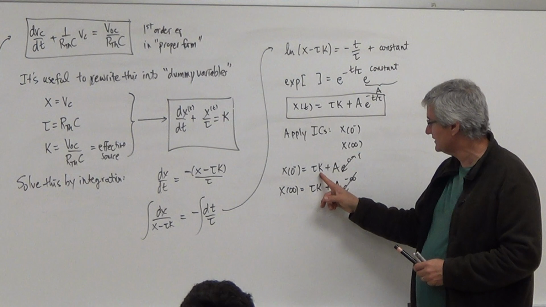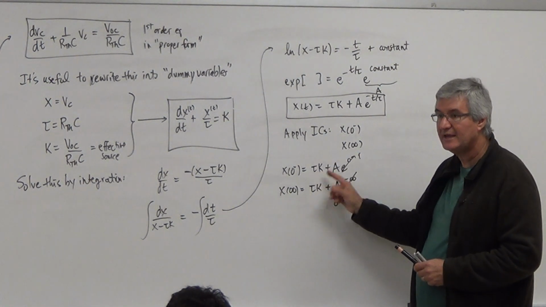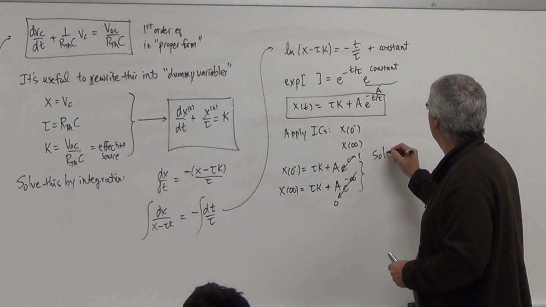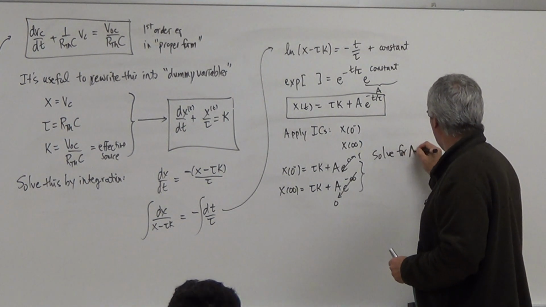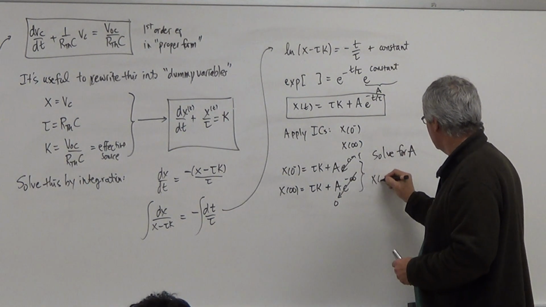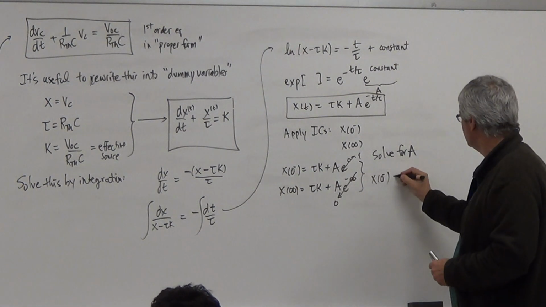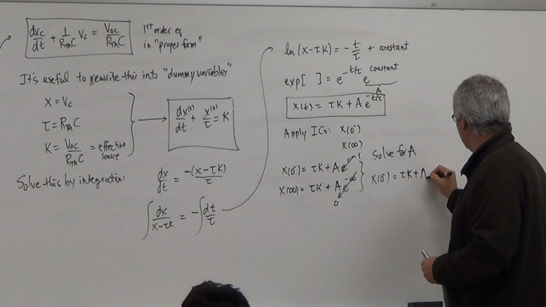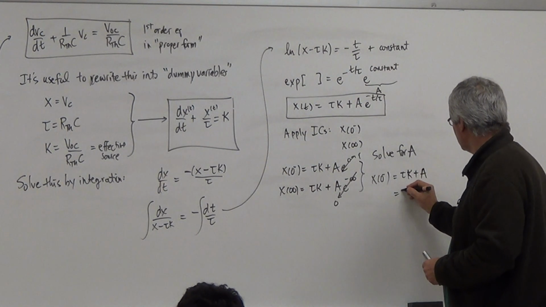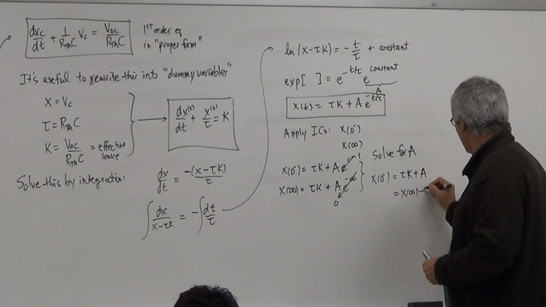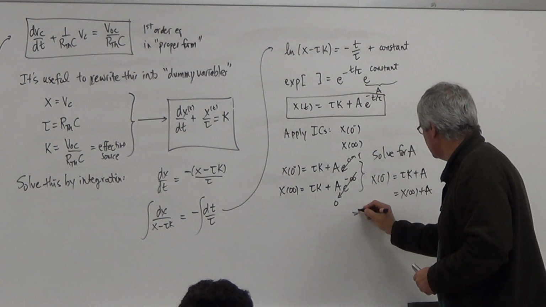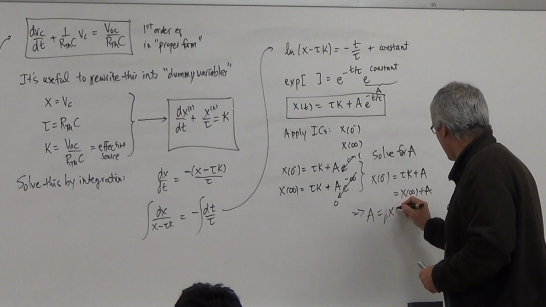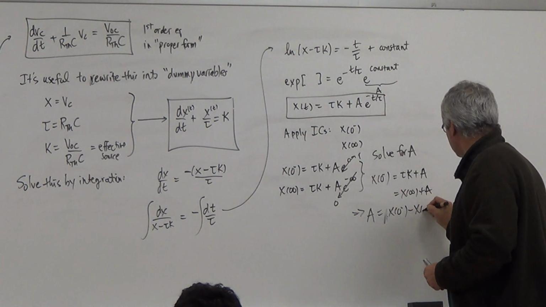So if I plug this guy into here, then that gives me what the a value is. So now I'm going to solve for a. I got x 0 minus is equal to tau k plus a, but this is also equal to x infinity plus a, which then implies here that a must be x initial minus x infinity.